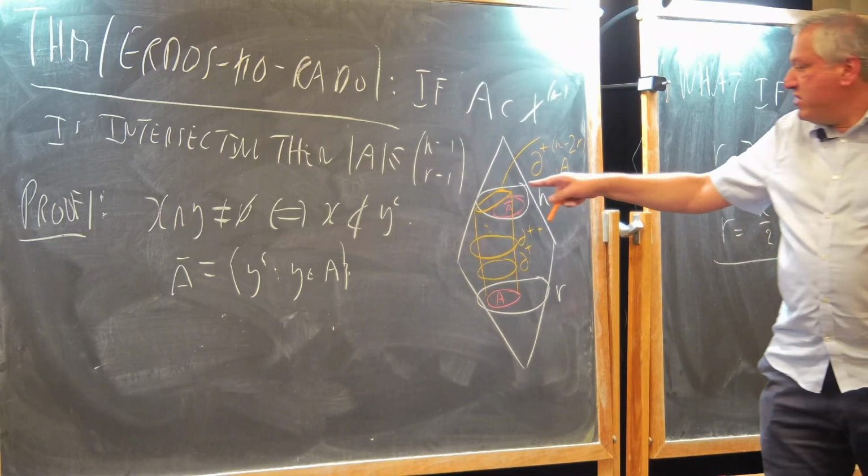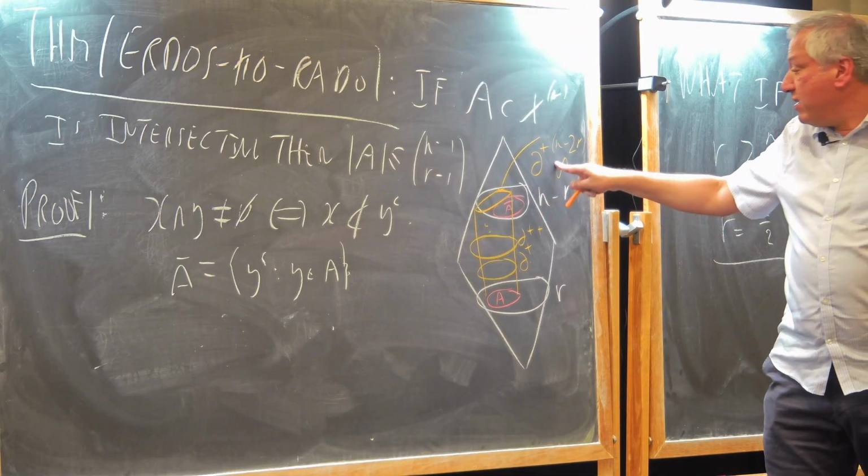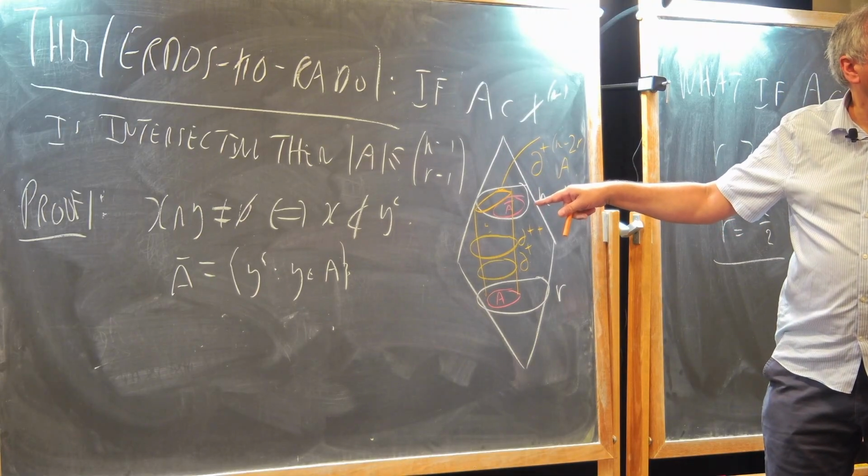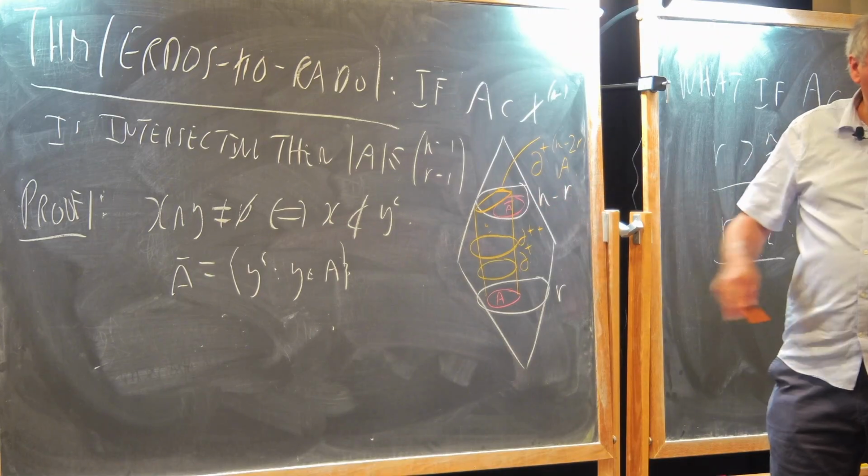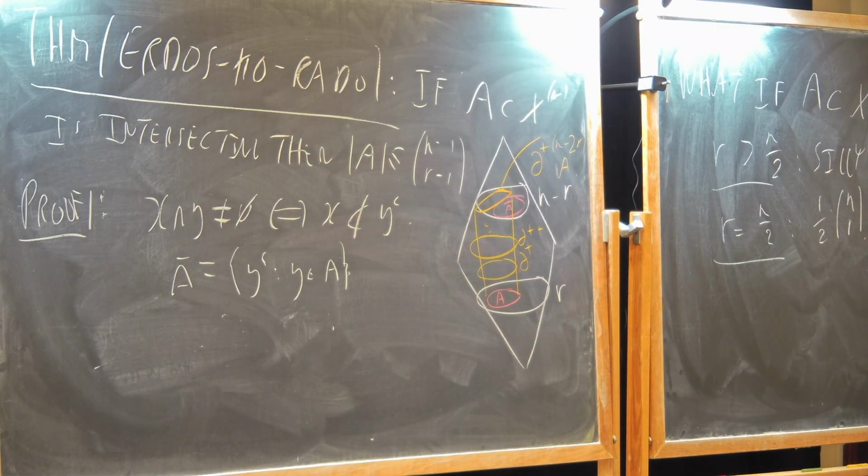And where you end up is disjoint from A bar. There you are. Okay. But we're not experts in knowing how upper shadows grow, right? We know the best is always a level. So, let's see what we get.